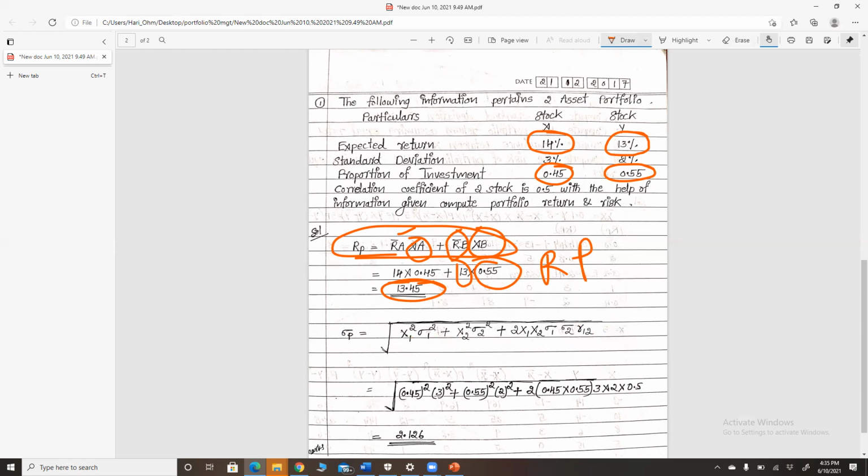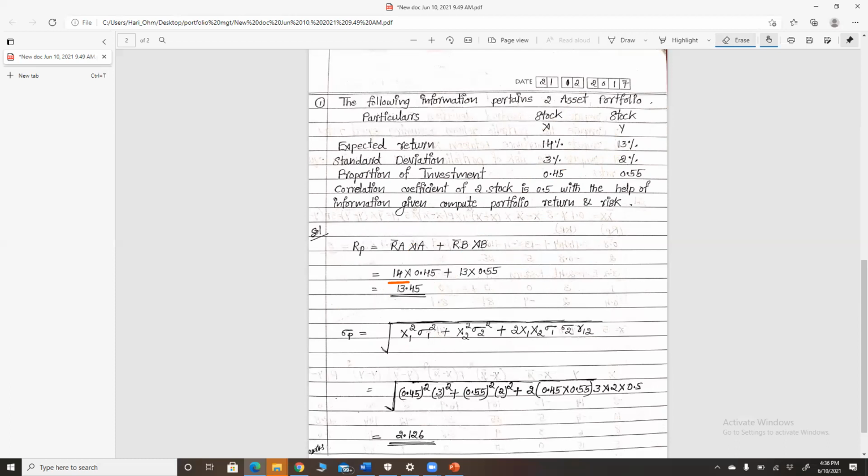So let's continue. X1 square: X1 is stock X proportion, that is 0.45. Clear? 0.45 square. Then standard deviation 1 square.